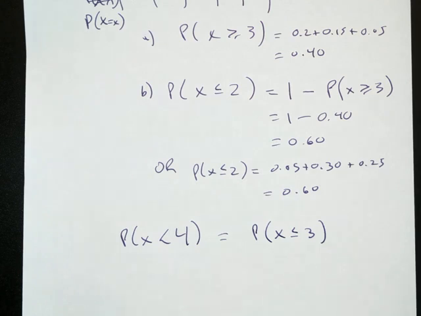But that's actually the next question in the textbook. It says, what's the chance of being less than 4? But you've already answered that. Because the stuff that's less than 4 is the same as less than or equal to 3. I can go back up and count. That was actually the 0.8 you gave me earlier.